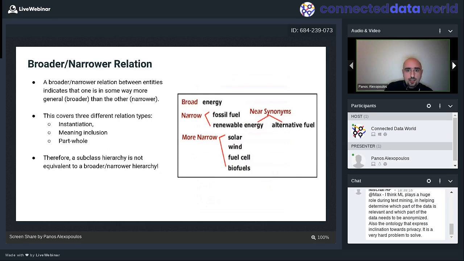And this actually, in the taxonomy world, covers three different relation types: instantiations, meaning inclusion, and part-whole relation. So it's very important, especially for people who work a lot with RDF and OWL, to understand that a subclass hierarchy is not always equivalent from a semantic perspective to a broader or narrower hierarchy.